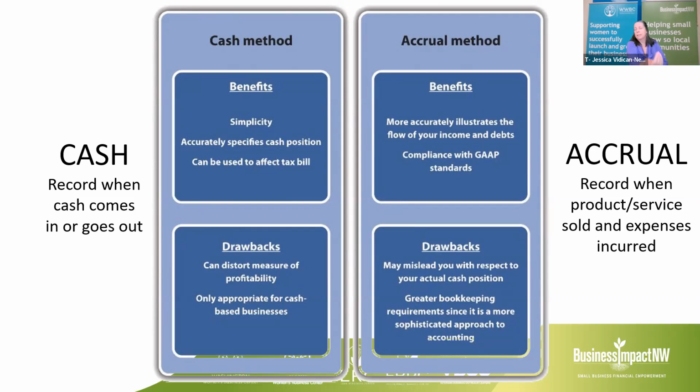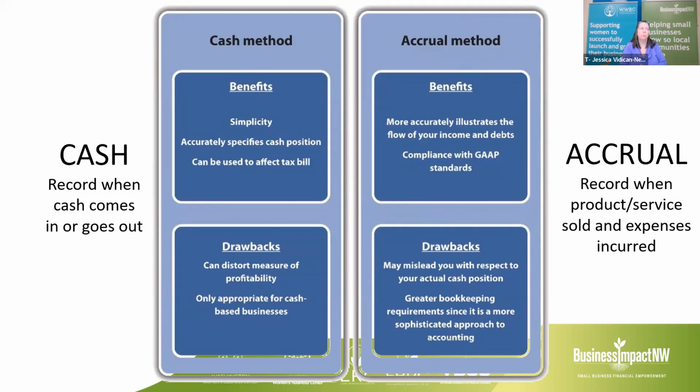That money is still in your bank account until the next month. So you generally use the accrual system when you have bills and payments that aren't happening on the same day as that invoice happens. And that gives you the opportunity to see how the money is flowing on a more fluid timeline than in the cash basis.